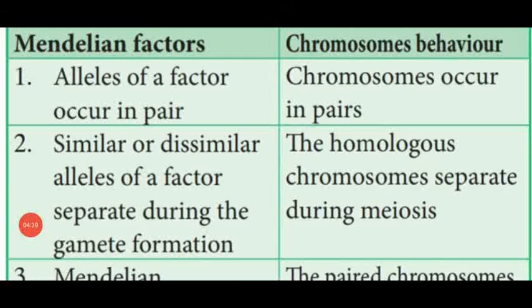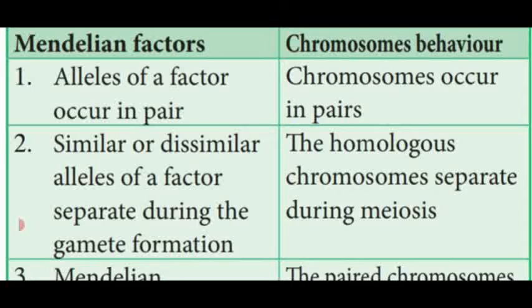Dear students, see the table with columns showing Mendelian factors and chromosome behavior. It is an important 3-mark question. Mendel stated that alleles of a factor occur in pairs, that is, a dominant allele and a recessive allele, which are present in the factor. Now it is named genes.